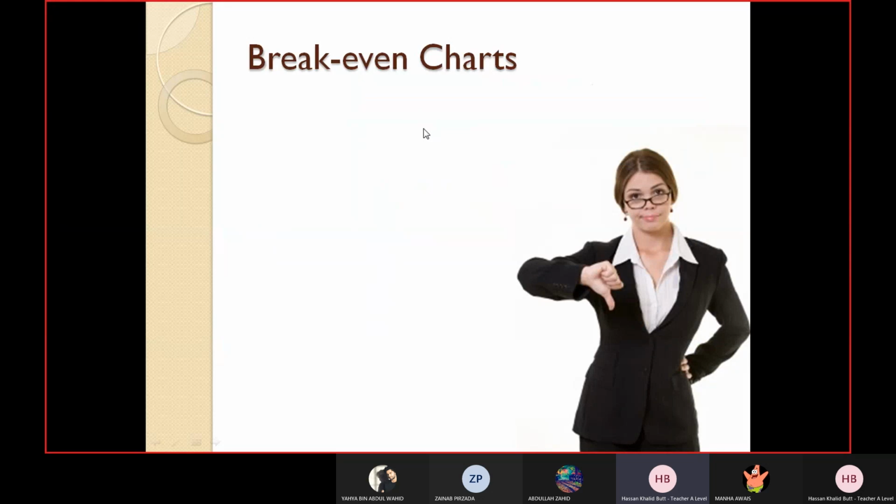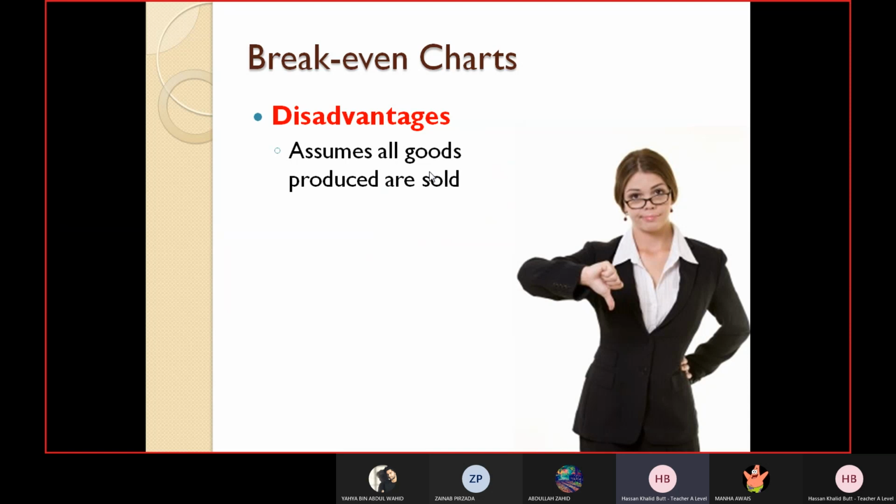Now the disadvantages, let's discuss them. Disadvantage number one: it assumes all goods produced are sold. Because you all study accounting as well, you must be very clear that whatever a business produces, they are not able to sell at the same time, and that is why you always find one item in your statement of financial position, which we call inventory.